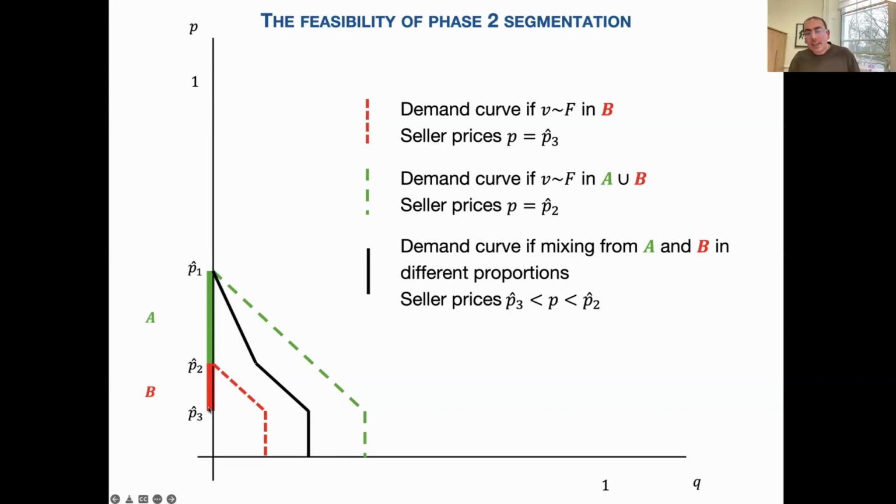By combining them, I can get any price between P at 2 and P at 3. And I can do this by creating very small markets. The only thing that I care about is the relative proportion of the two types in this market. So I can create any price, and in particular, I can create a lot of prices which are different by epsilon. And in that way, essentially what I've done is the ideal experimentation, where I've taken the same consumer and offered different prices until I see when the consumer stops buying.